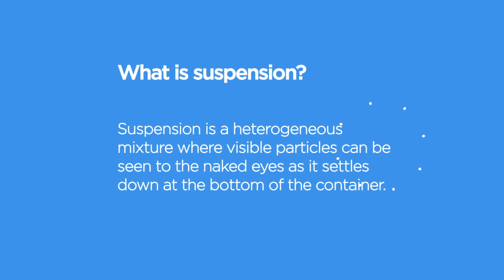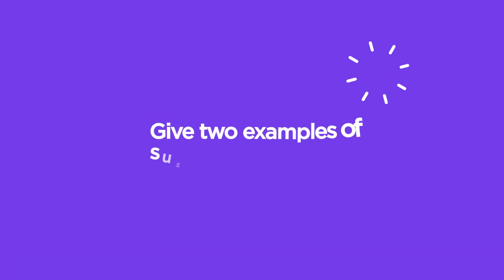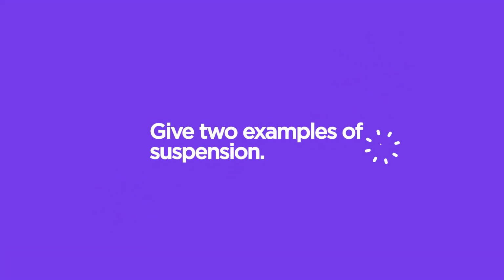Suspension is a heterogeneous mixture where visible particles can be seen to the naked eyes as it settles down at the bottom of the container. Give 2 examples of suspension.